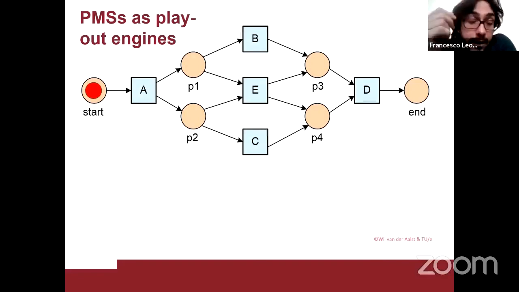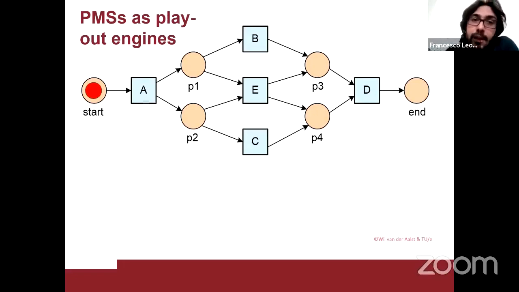Usually, all of the most important graphic formalisms for BPM, such as BPMN, can be translated into Petri nets.